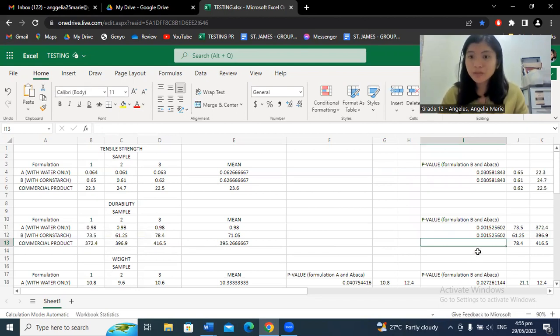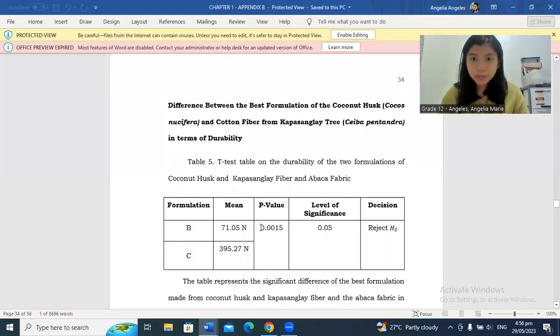Okay, so again, for decimal places, we got 0.0015. Okay, so yan, 0.0015. Okay, so again, our level of significance is always 0.05. Okay, so again, our null hypothesis for the p-value, ang sabi doon, a p-value higher than 0.05 is not statistically significant.